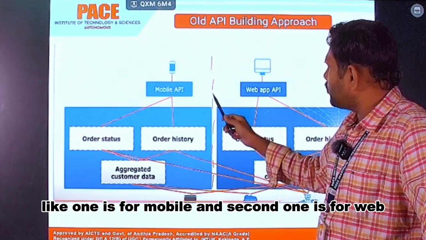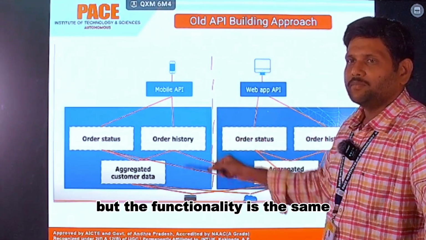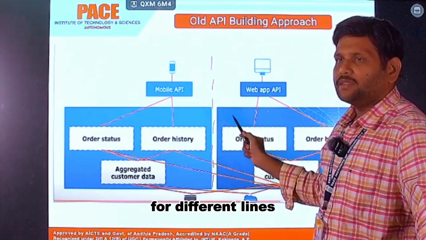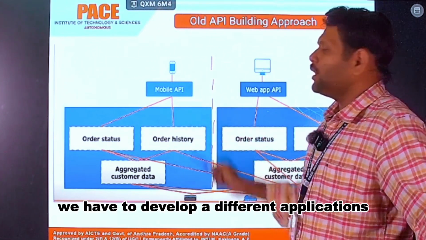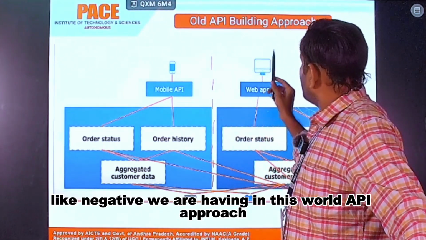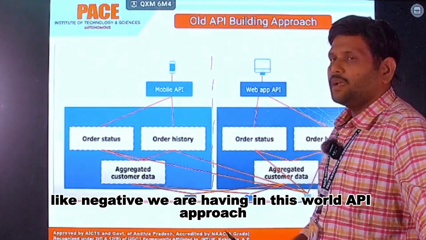One is for mobile and the second one is for web, but the functionality is the same. That means for the same functionality for different clients we have to develop different applications. That is the major negative we have in this old API approach.